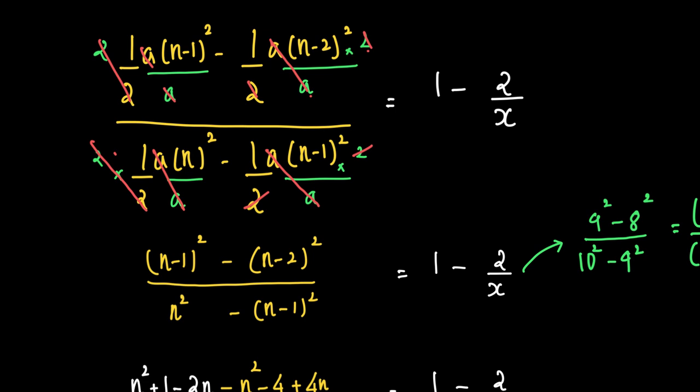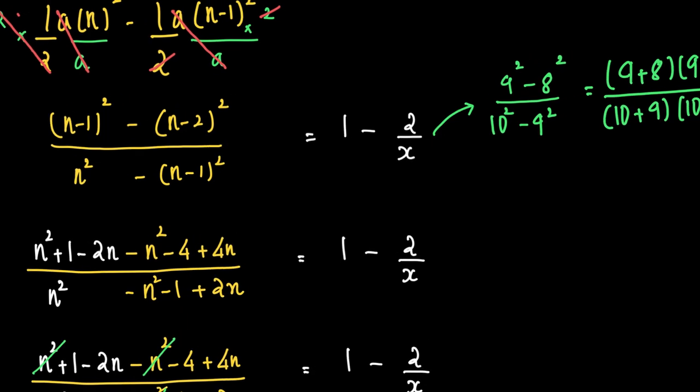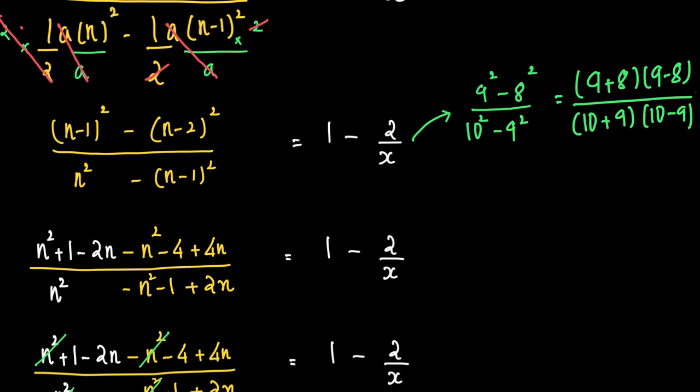What do we have now? We are left with (n minus 1) the whole square minus (n minus 2) the whole square, by n square minus (n minus 1) the whole square, is equal to 1 minus 2 by x. Now, you can directly solve the question here with n is equal to 10. This should be 10 minus 1, 9 square, minus 10 minus 2, 8 square, by 10 square minus 10 minus 1, 9 square.